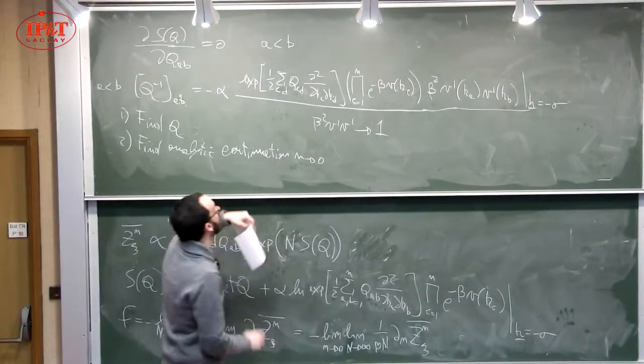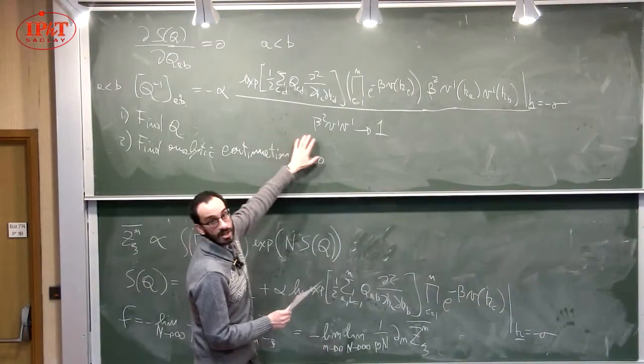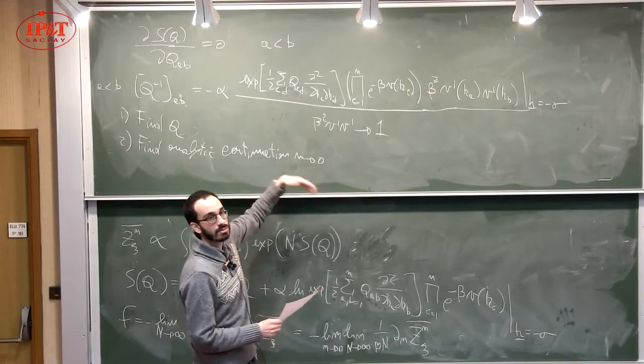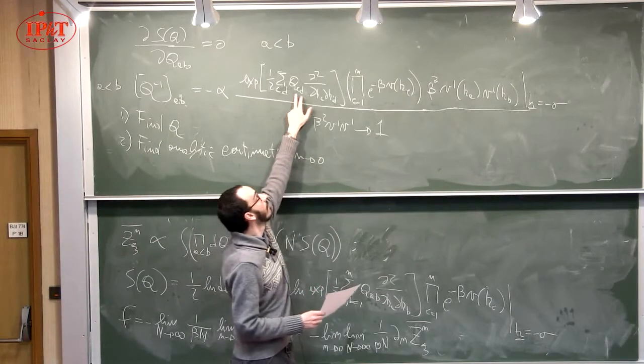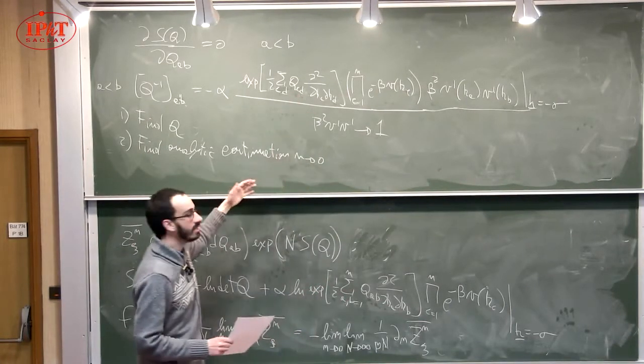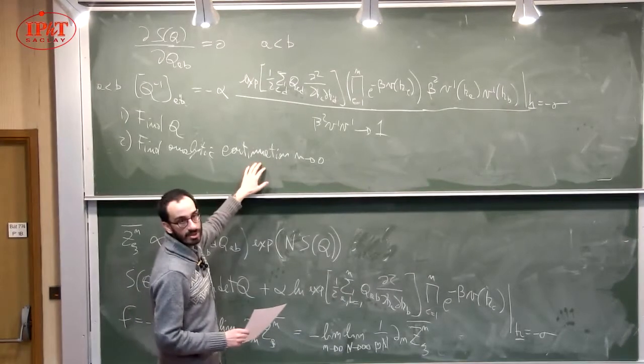So up to here, the problem is very general. And then we will try to make an ansatz on the form of the matrix Q in order to get saddle point equations.